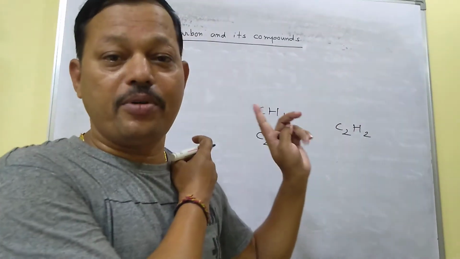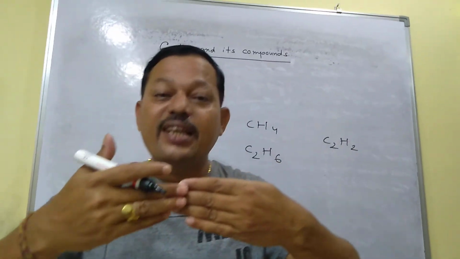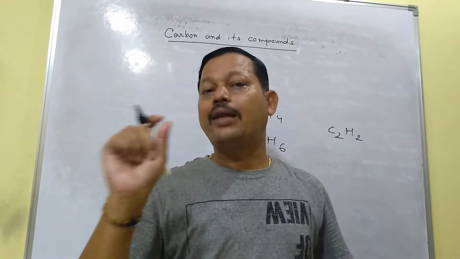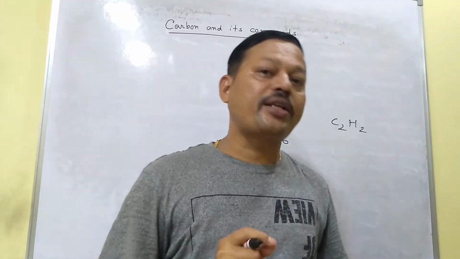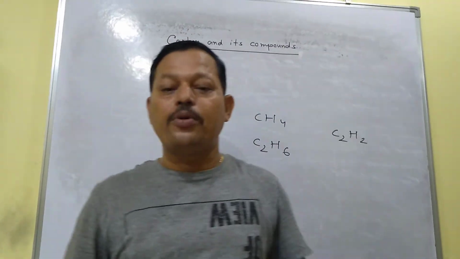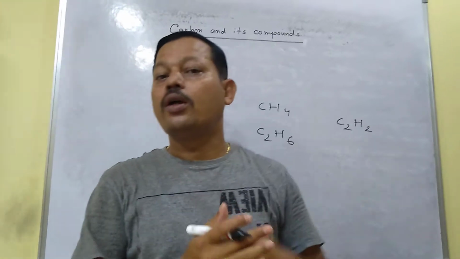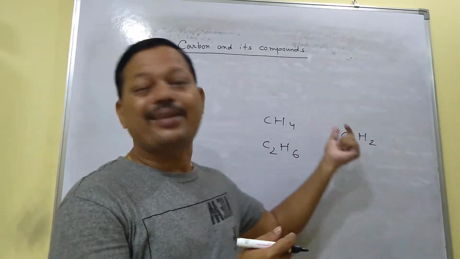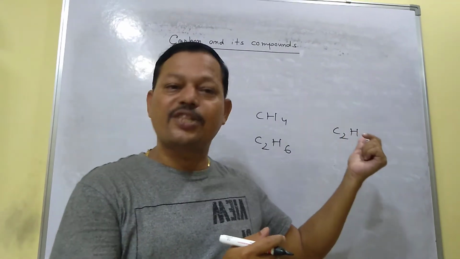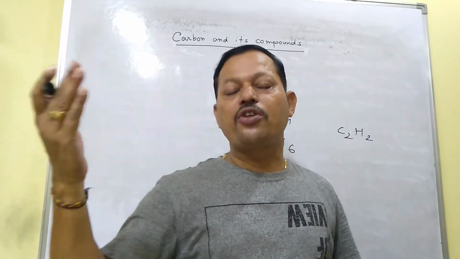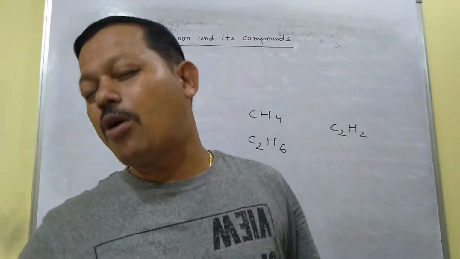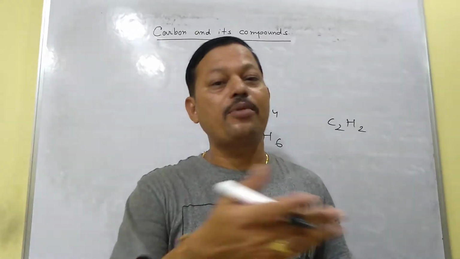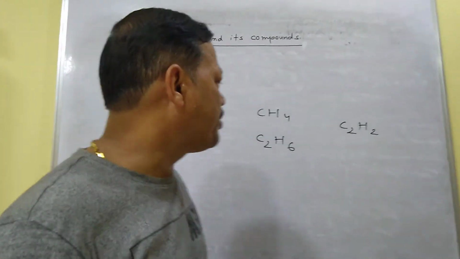So those hydrocarbons which contain only carbon-carbon single bonds, with no double bond and no triple bond, are called saturated hydrocarbons. And those hydrocarbons which contain double bonds, triple bonds, that type of multiple bond, are called unsaturated hydrocarbons. So compounds containing single bonds are said to be saturated hydrocarbons. Hydrocarbons containing double bonds or triple bonds are called unsaturated hydrocarbons.